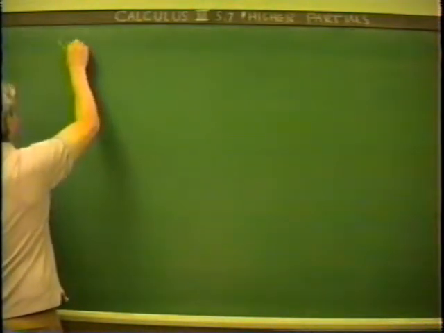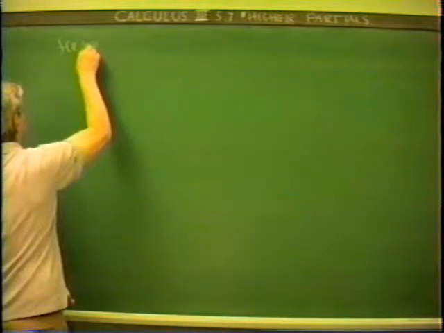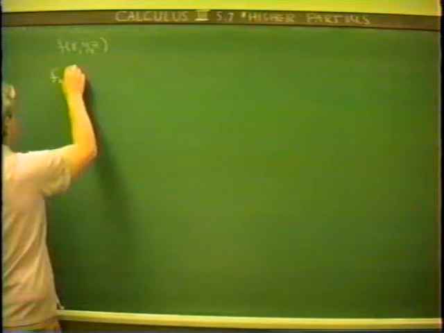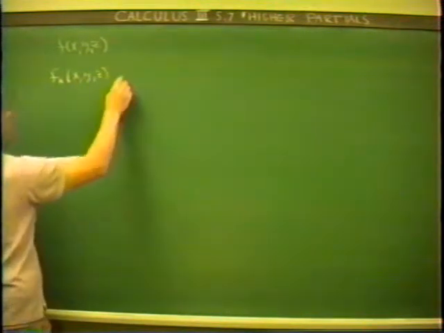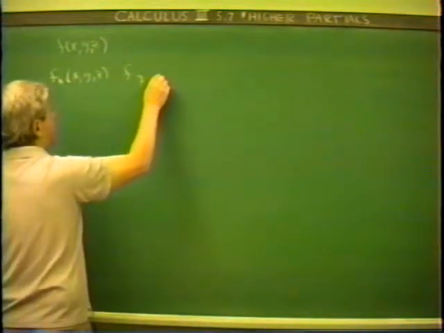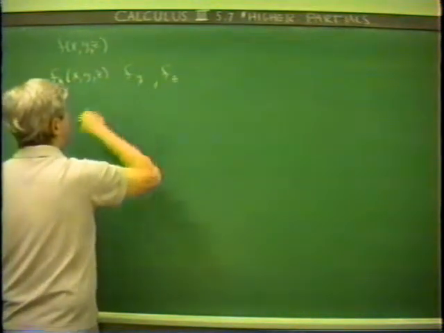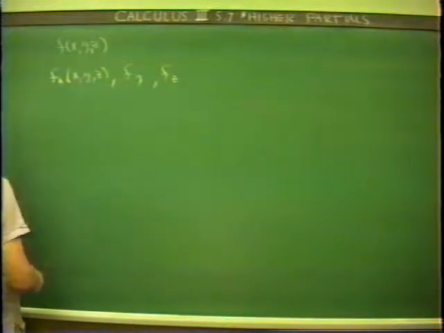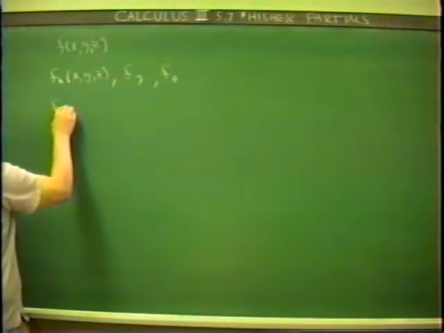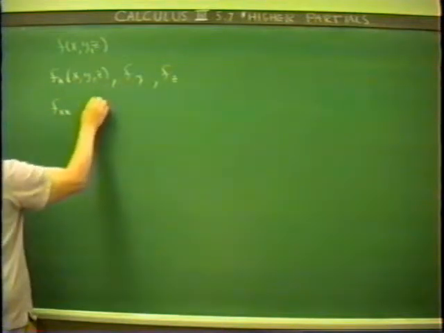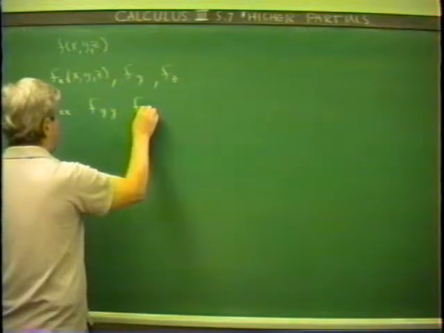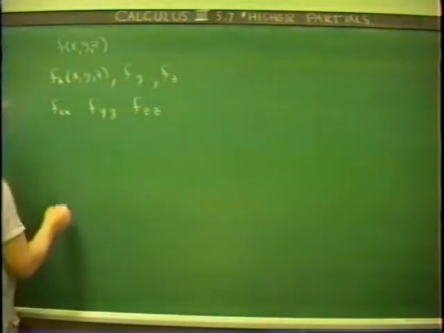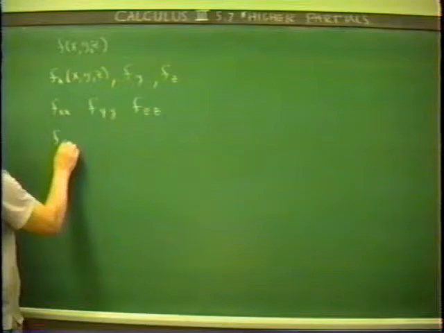For functions of three variables, the story is similar here. So if we start out with a function f of x, y, z, then the partials are denoted by the partial with respect to x at x, y, z. Sometimes the x, y, z is deleted here, so that you denote this by the partial with respect to y and the partial with respect to z. The second partials then are fxx, fyy, and fzz.